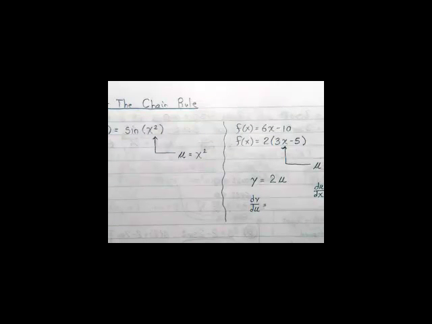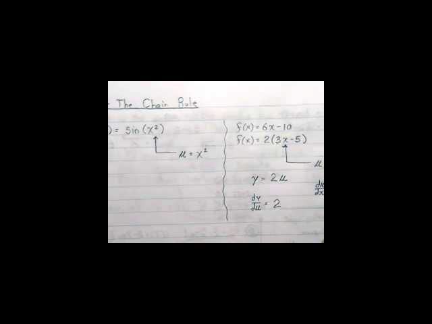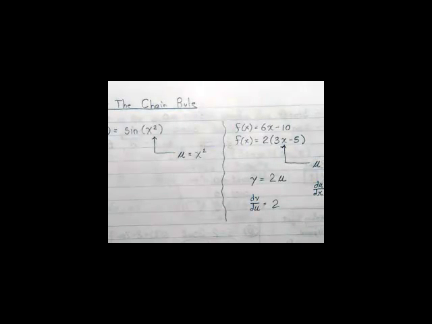What is dy/du? Let's start with that. 2. Yeah. And then hop over here. What is du/dx? 3. And what did we say the answer to this derivative was supposed to be at the beginning? 6. How do you suppose I could take that 2 and that 3 and get 6?